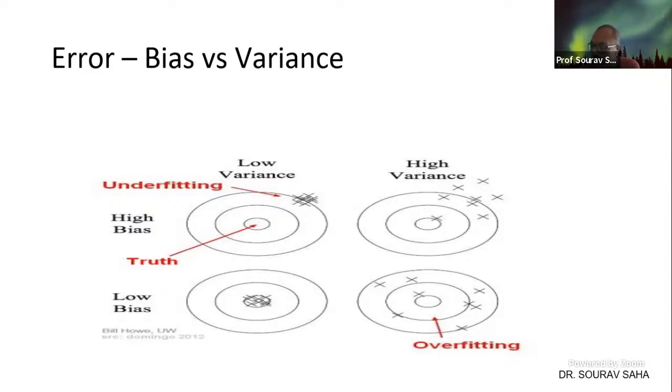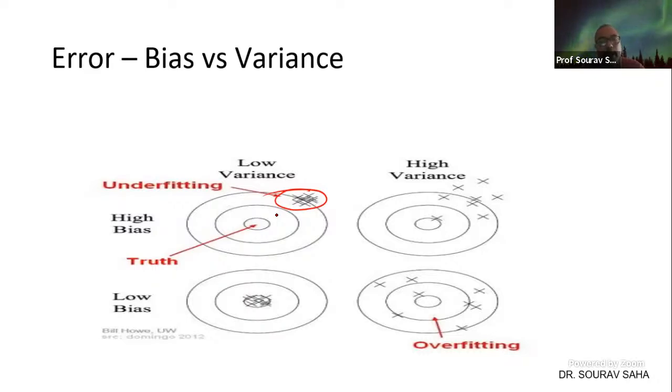So for whatever features you are giving, you are giving some kind of constant answer. You see out here, the answer is very consistent, and in general it is wrong. The answer is consistent and it is wrong.